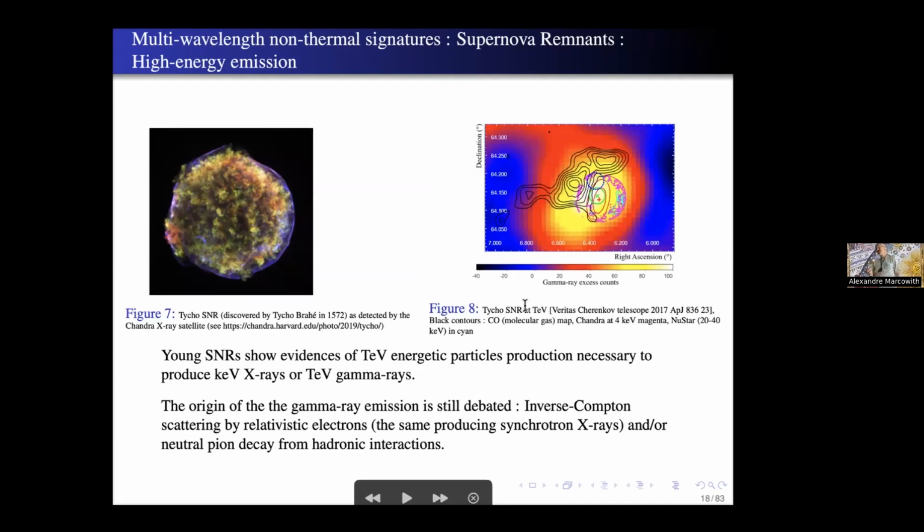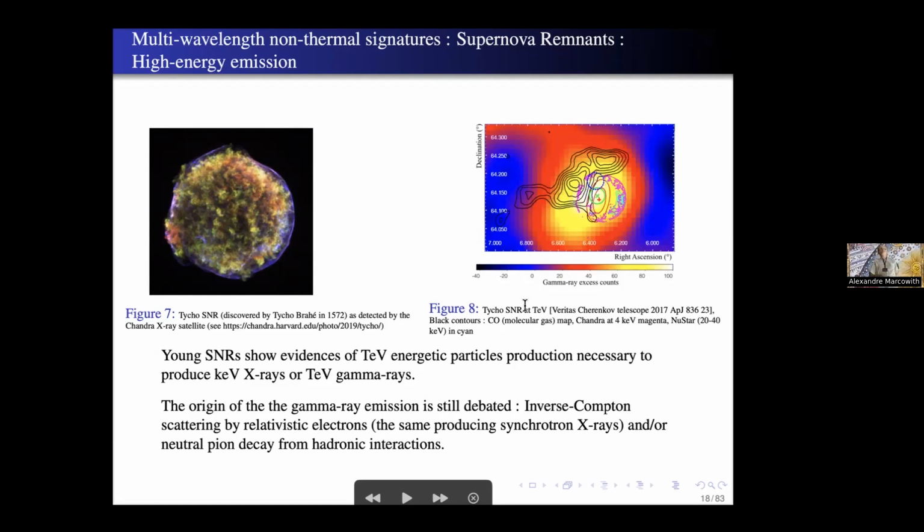The interest of Chandra is that the instrument has a very high angular resolution, and in fact you can clearly see the ejecta that formerly composed the star, different elements, silicon, etc. For different colors at lower energy, between 4 to 6 keV, you see in blue the synchrotron radiation. Especially you can see, I will come back to that, very thin filaments which are marking the shock position. This is evolving with time. There is a movie showing you the expansion of the object.